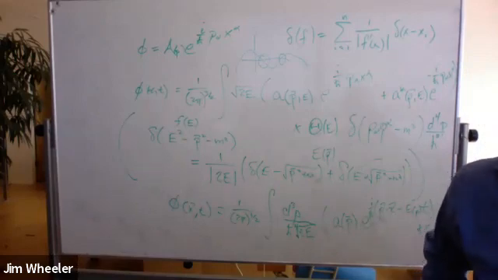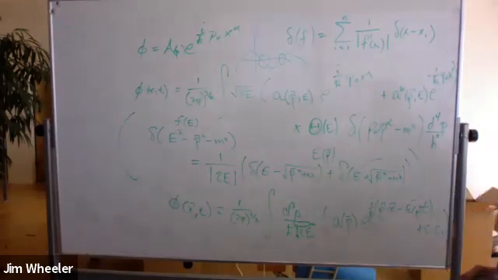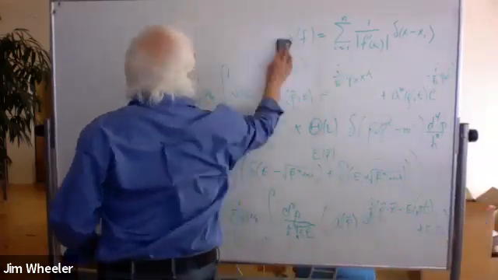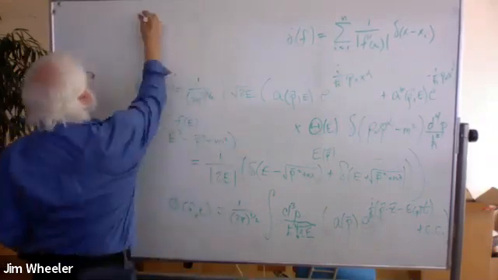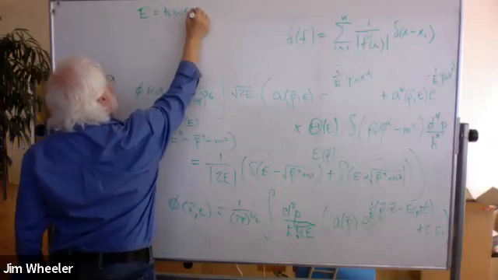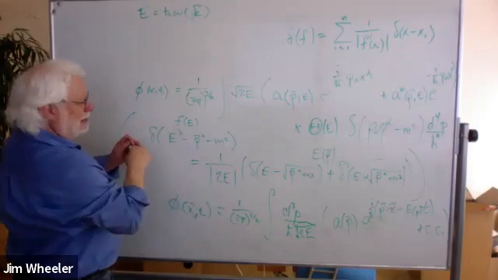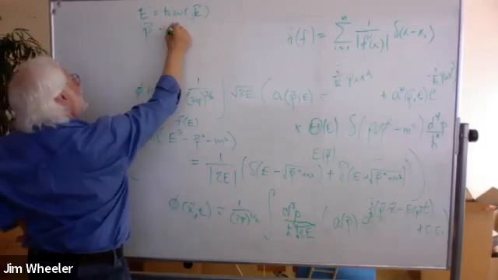So now, let's see. p over h bar is k, and e is h bar omega. So I'm going to go back and write this as a Fourier integral. So e is h bar omega, which is going to depend on k, and p is h bar k.